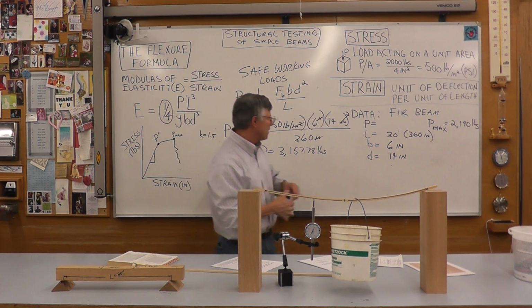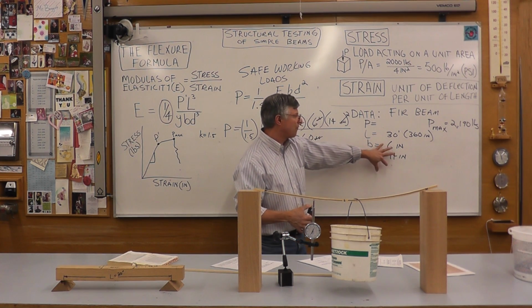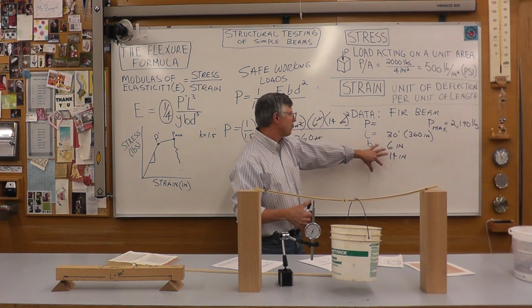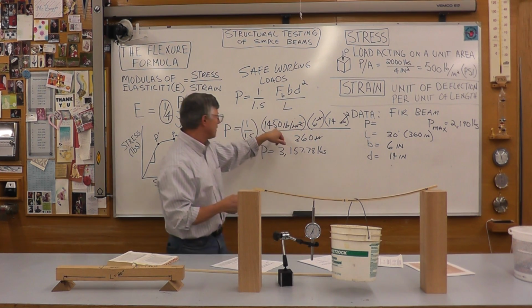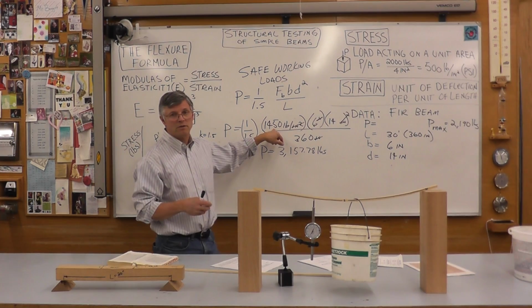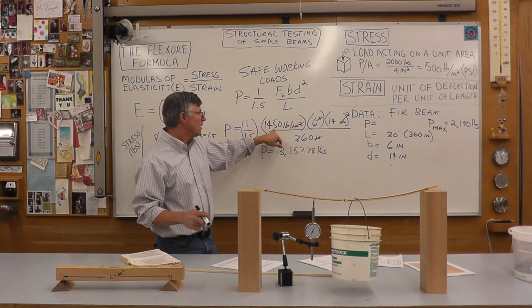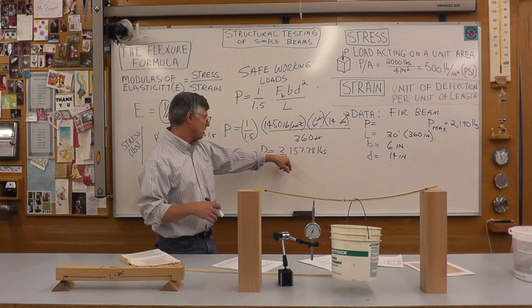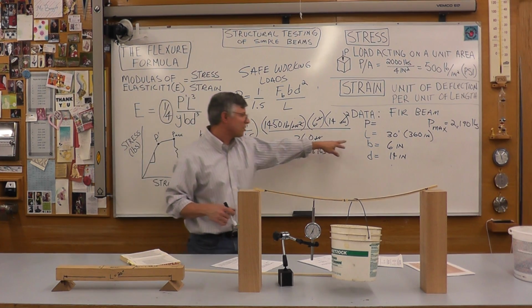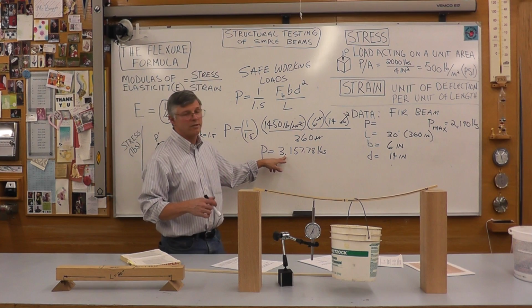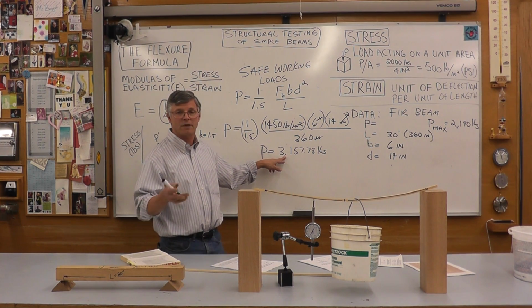So it's kind of interesting. I've got a 30-foot long 6 by 14 Doug fir beam. I look up the FB value of that material, the maximum fiber stress in bending. Calculate it out. You can say, well, I can throw this 6 by 14 beam over my river and it's going to hold 3,157 pounds. Good enough? Not good enough?